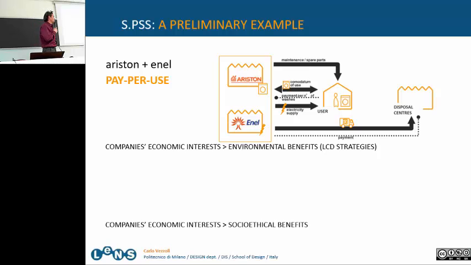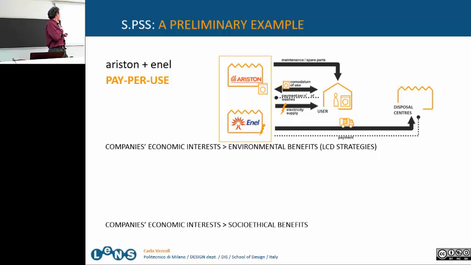So here I want to discuss a little bit with you why the company, because this is the key point, why we are studying the sustainable product service system model. Because they are business models in which, for an economic interest of the company, of the alliance of companies, they are interested in designing and offering products with a low environmental impact. Contrary to what we very briefly discussed before. Okay?